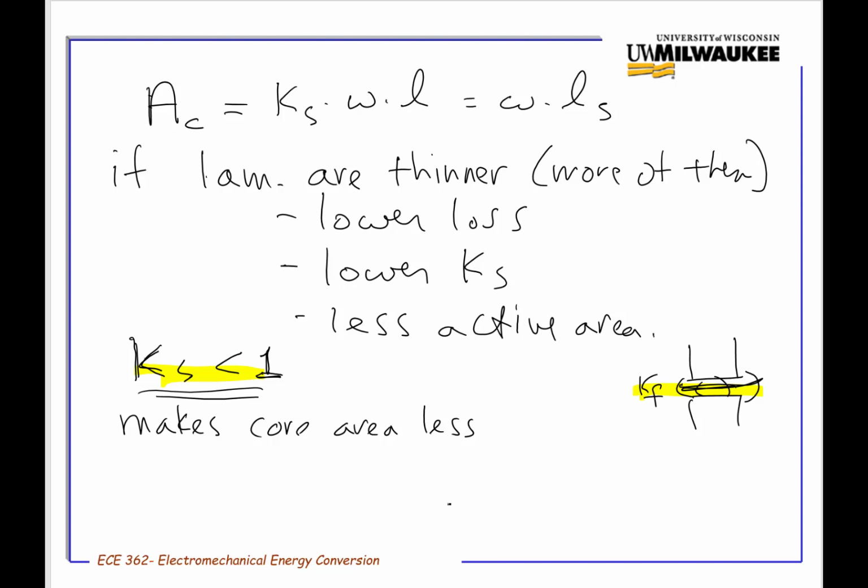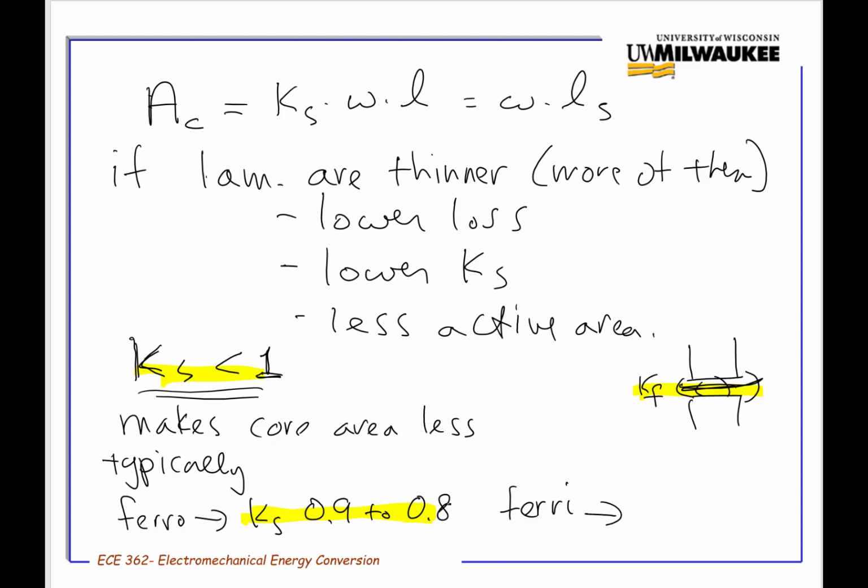Now what happens is, typically the ferro materials are going to have a Ks anywhere between around 0.9 to 0.8. The ferri material is going to have a Ks of probably less than 0.8. These are again just rule of thumb experiential factors that people know. We're not getting into all the physics of it.